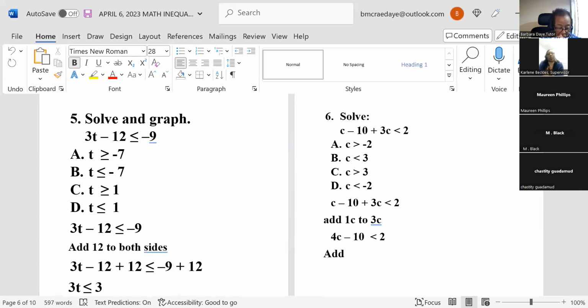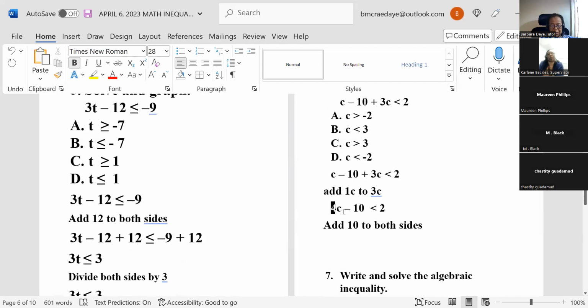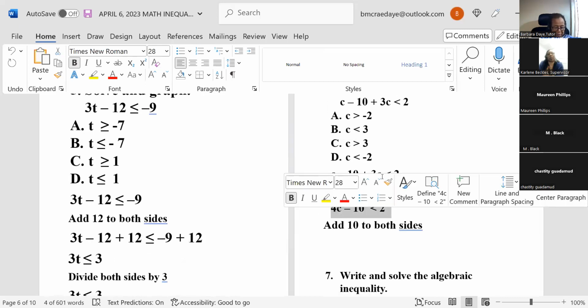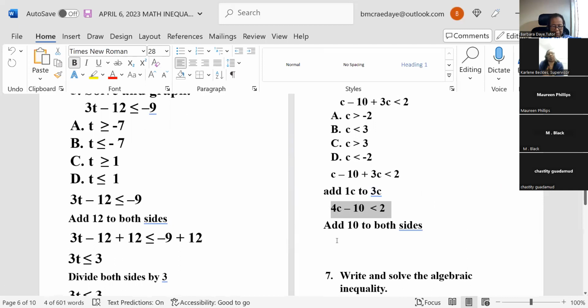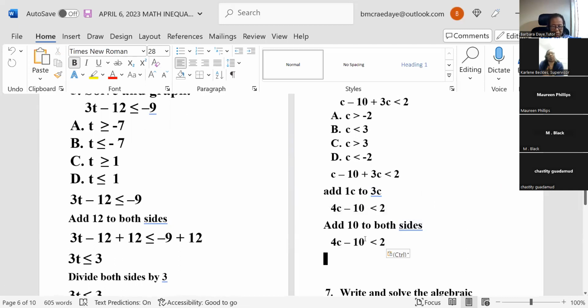Add 10 because you're doing the subtraction. Add 10 to both sides. All right. So let's just do that. Copy this. Add the 10 on the left and add the 10 on the right. Okay, add the 10.